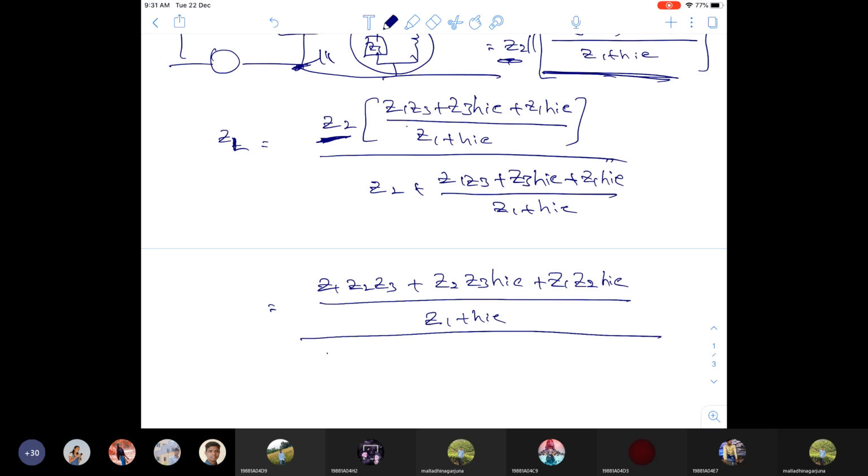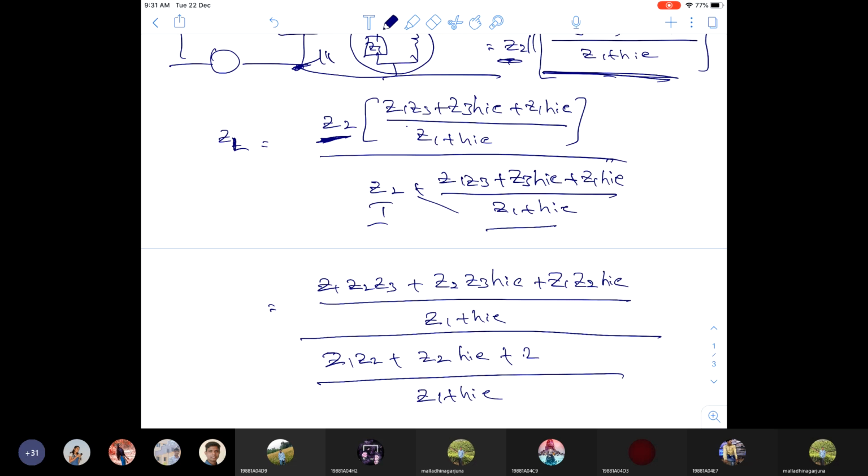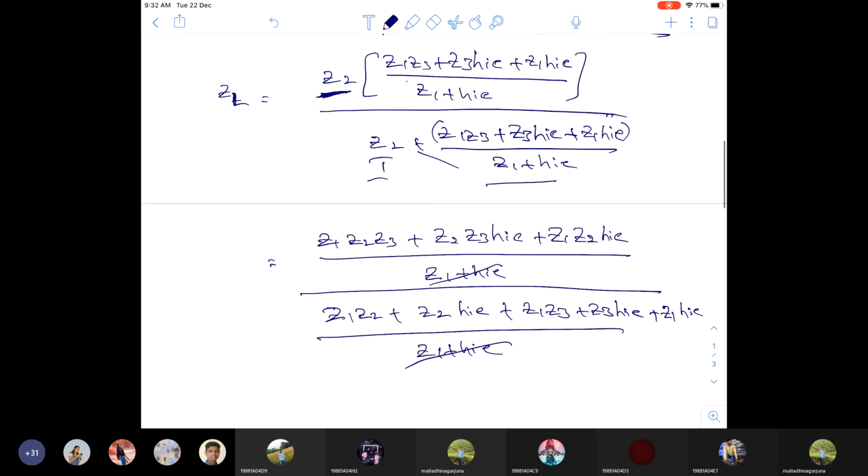Next take the LCM, which is Z1 plus HIE, and cross multiply. So Z1 Z2 plus Z2 HIE plus Z1 Z3 plus the remaining portion Z3 HIE plus Z1 HIE. So this cancels.